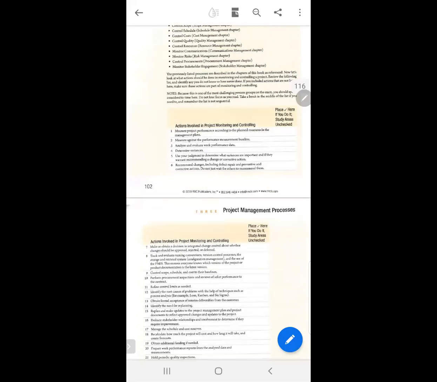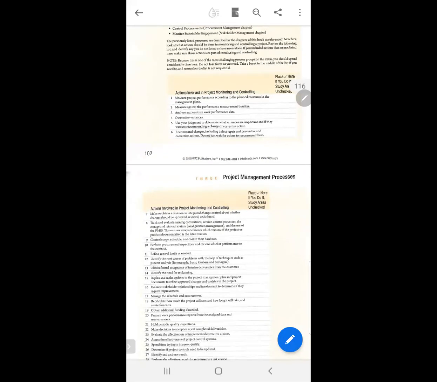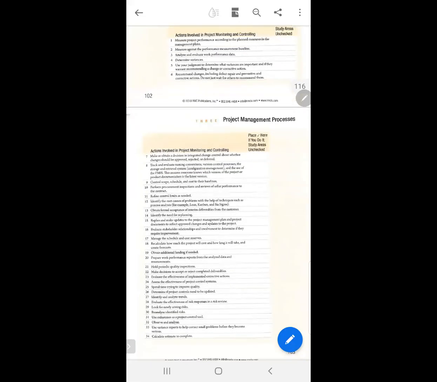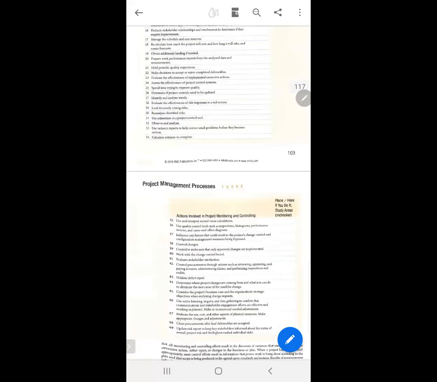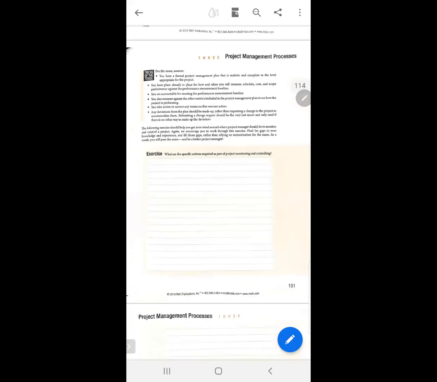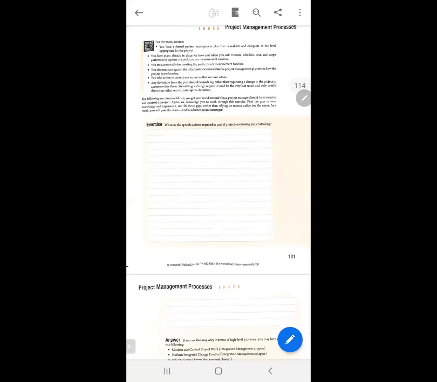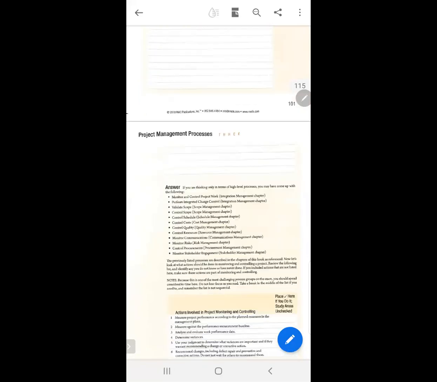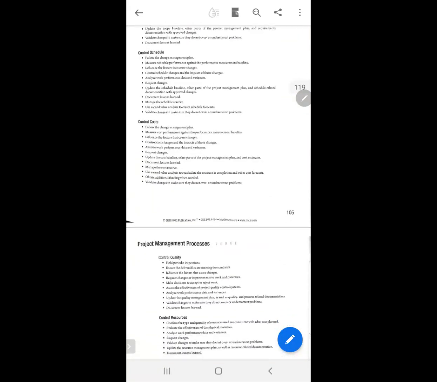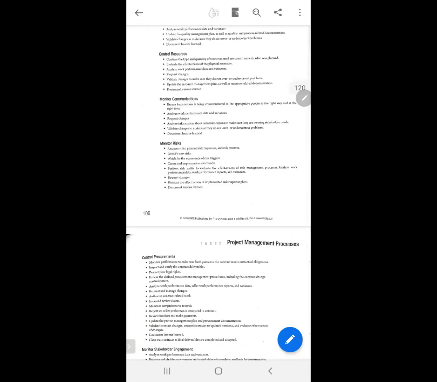Here we can answer these questions. Actions involved in project monitoring and controlling. Okay, these are not questions yet, but there is a set here that shows what the actions are. You need to study these actions anyway. Study the actions that are taken under each process group, because there is an associated exercise that comes here. We would look at it here.